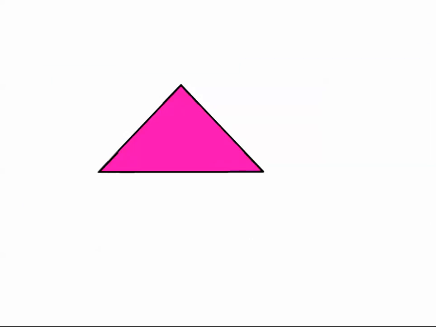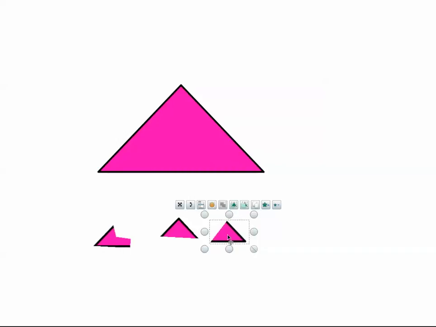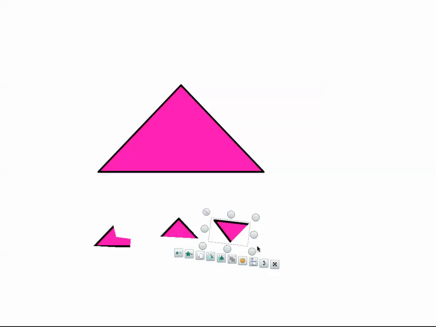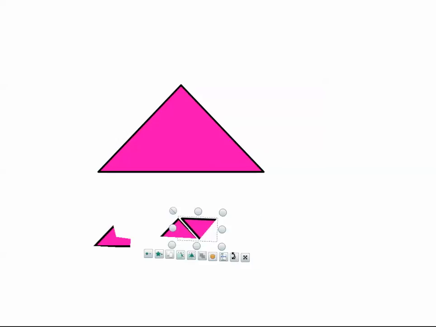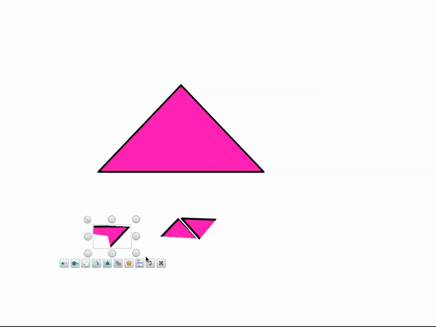Maybe this will help you to see it. I've got a triangle here, and I cut out 1, 2, 3 of its angles. I'm going to put them together vertex to vertex so that you can see what it looks like when I put them together, these three interior angles.